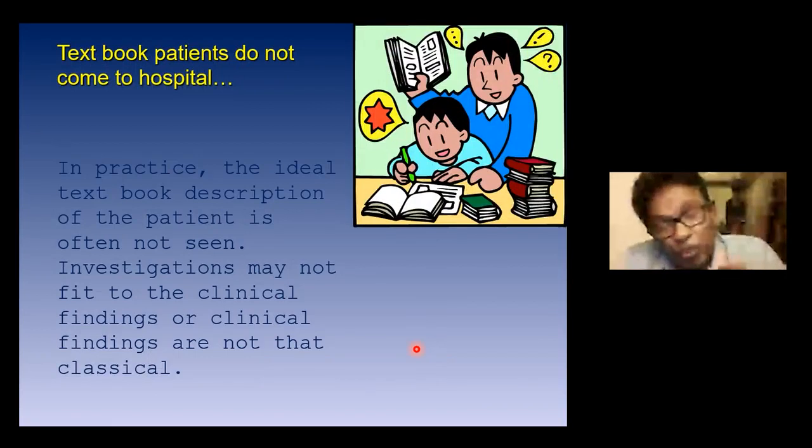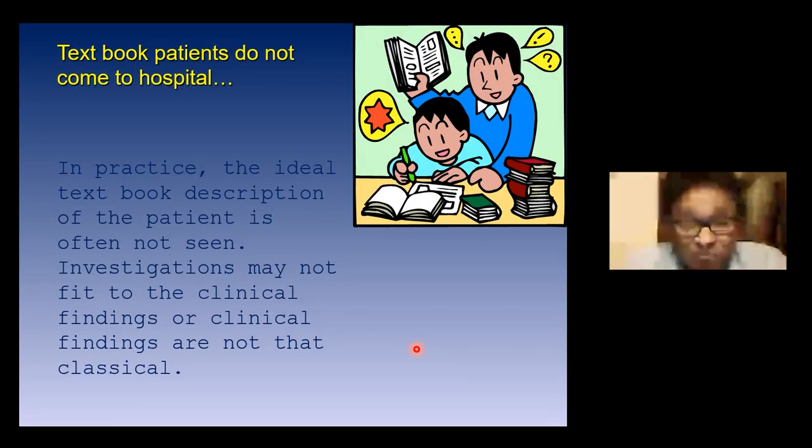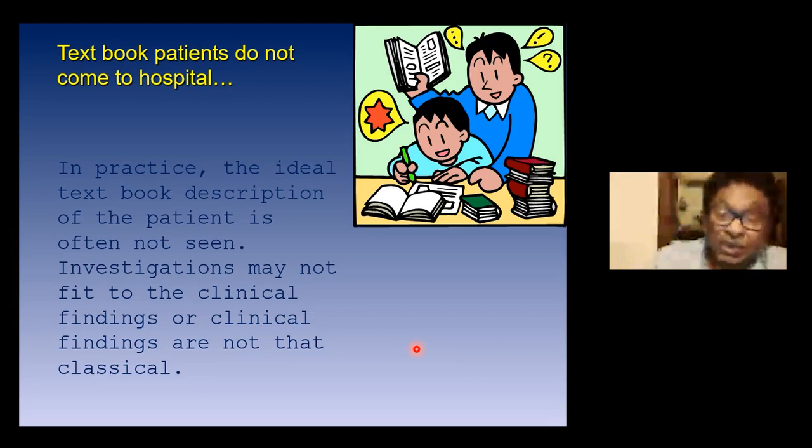So therefore, the actual clinical scenario is probably not really what you see. Now, for example, Kawasaki. I'm sure you may have seen atypical Kawasaki. They don't have the real picture of Kawasaki. So as almost every disease, you don't see them as you have learned.